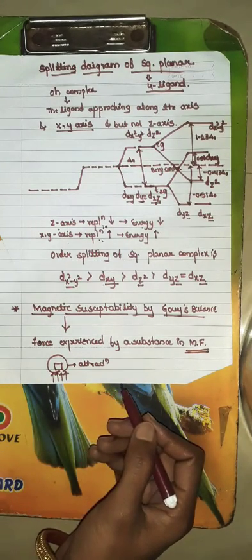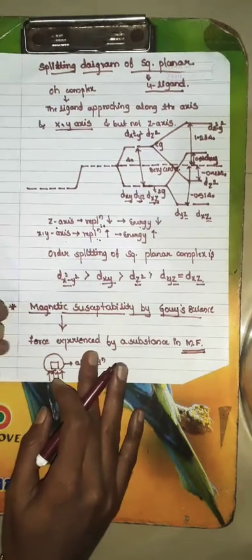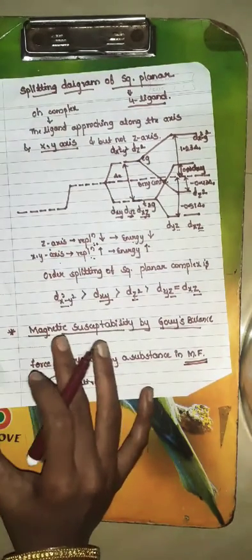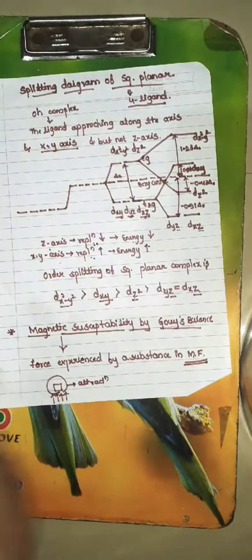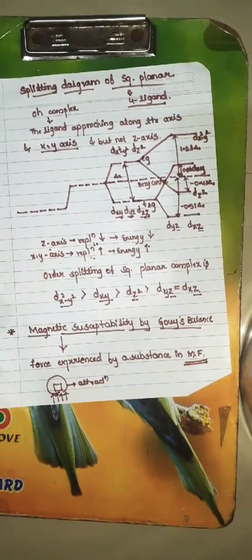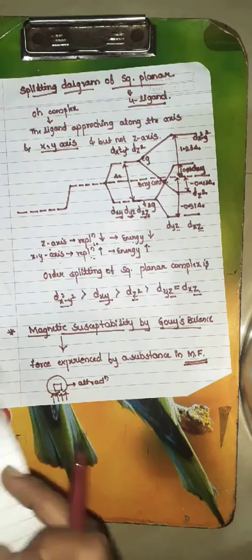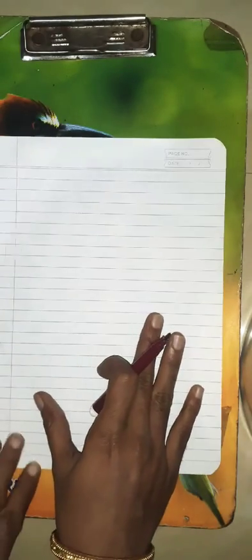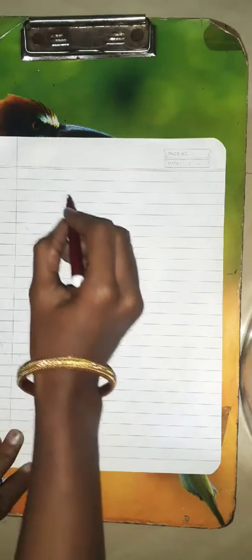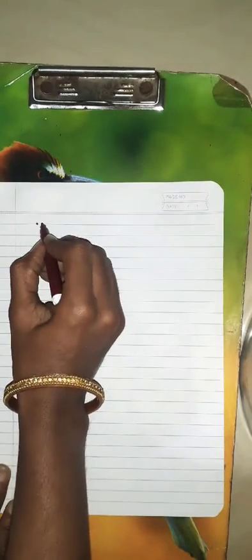Then how do we do the experiment? Calculation of magnetic susceptibility is done by using the Gouy balance. See the instrument of the Gouy balance. What is there?